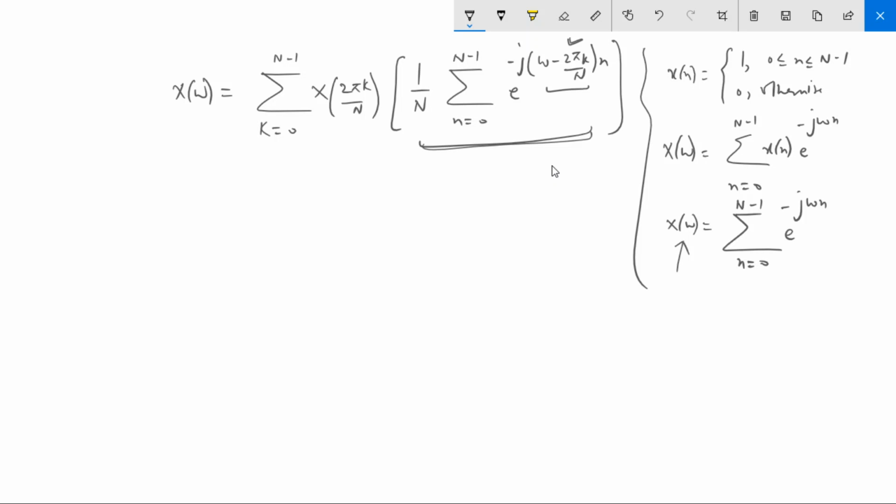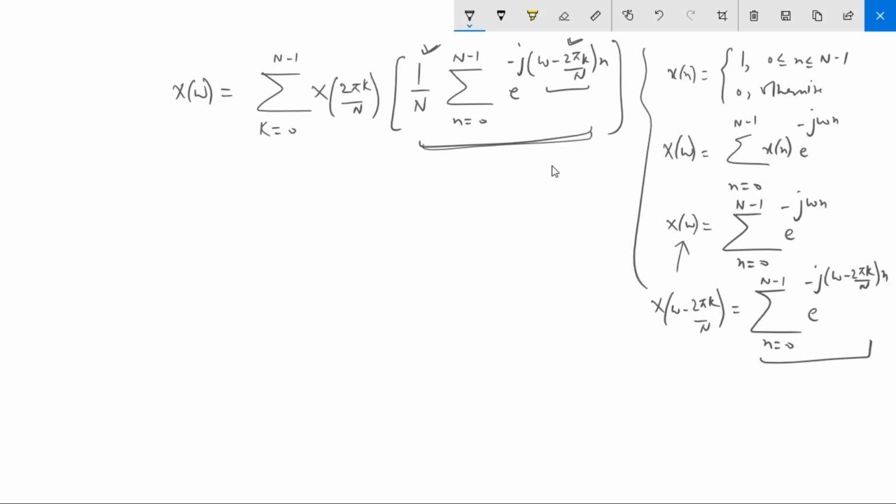And if I put here omega minus 2 pi k by N, meaning I shift this spectrum in frequency by 2 pi k by N, what I get is e raised to power minus j (omega minus 2 pi k by N) n. So this and this are the same except this 1 by N factor.